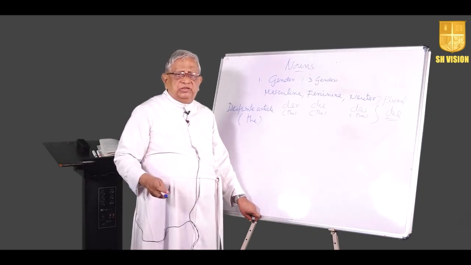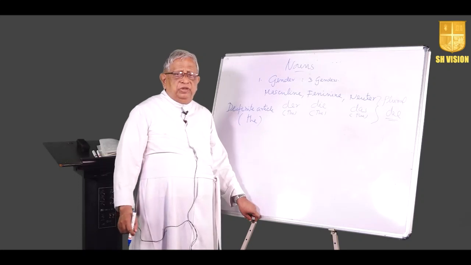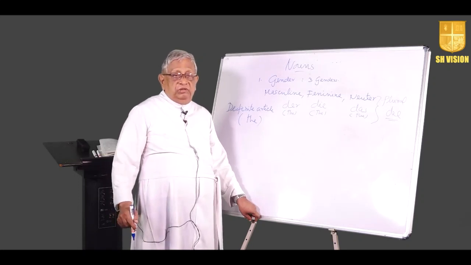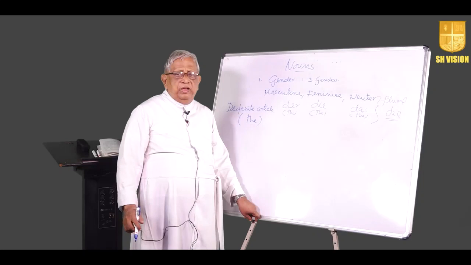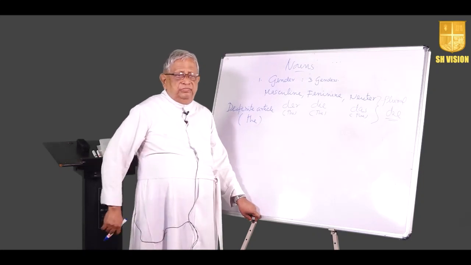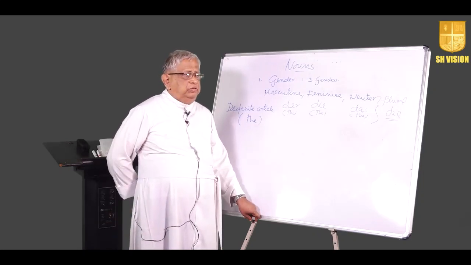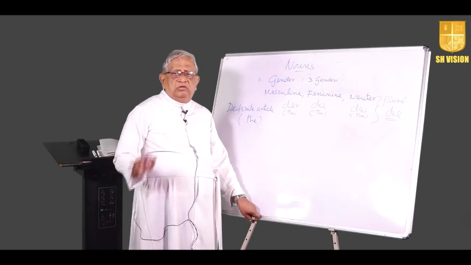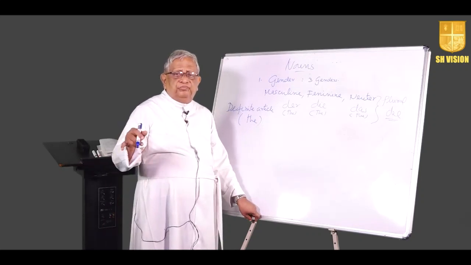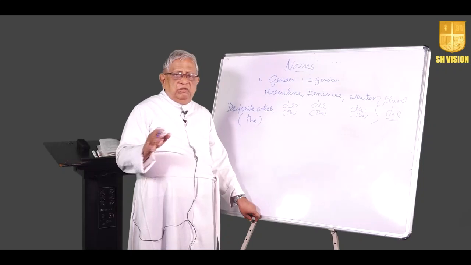All the original texts of the 6 systems of Indian philosophy, like Sankhya, Yoga, Nyaya, Vaisheshika, Mimamsa, and Vedanta, are in sutras.